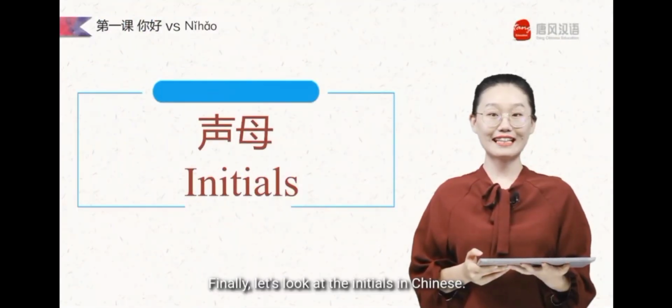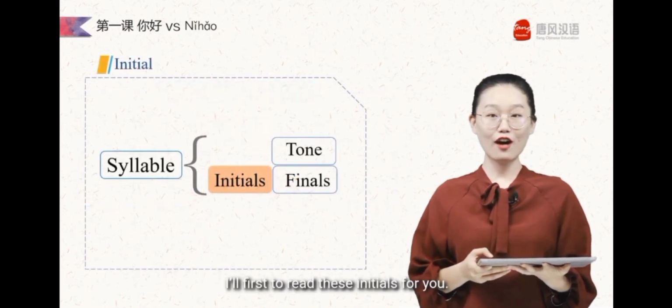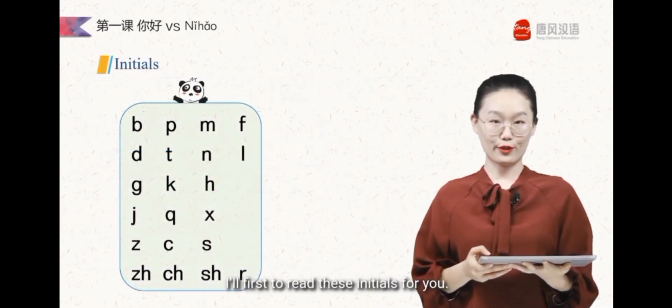Finally, let's look at initials in Chinese. I'll first read these initials for you.